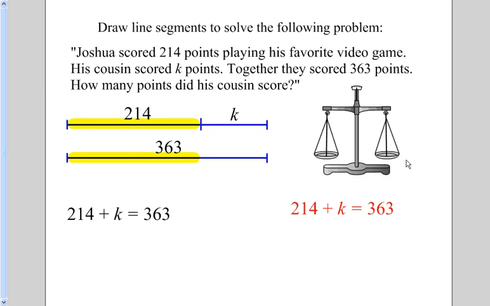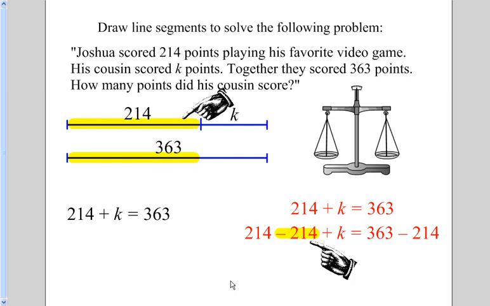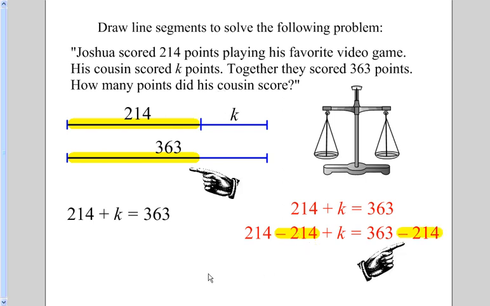So, this is what we're going to do. We're going to take away, just like up here, 214 from each side. And that's going to leave us with just K and the answer to what K is over here. So as we can see, we're taking away 214 over here, and taking it away from the right-hand side.